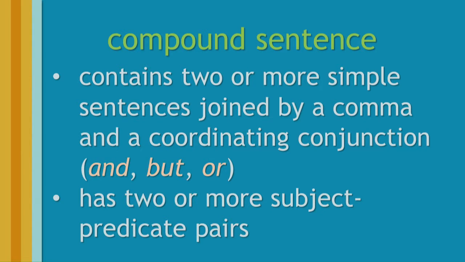That may sound like a lot, but I think it's not going to be difficult. I want you to think about the word compound again. We know that compound means more than one. So a compound sentence means two or more simple sentences that are joined by a comma and a coordinating conjunction. So it has two or more subject-predicate pairs.